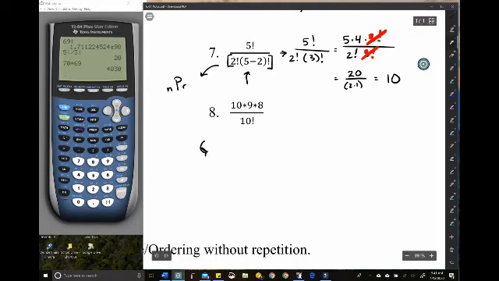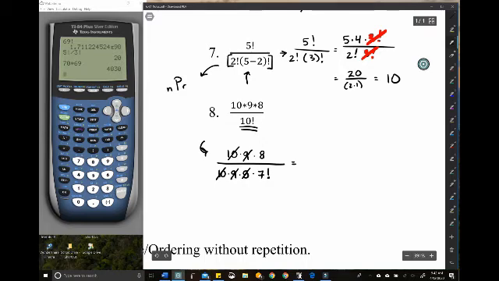Number 8. So notice 10, 9, and 8, there are no factorials. There's no exclamation points. But the denominator has one. So just think of it as 10 times 9 times 8 divided by 10 factorial, which would be 10 times 9 times 8 times 7 factorial. We would have all those other numbers. You can cancel these out.